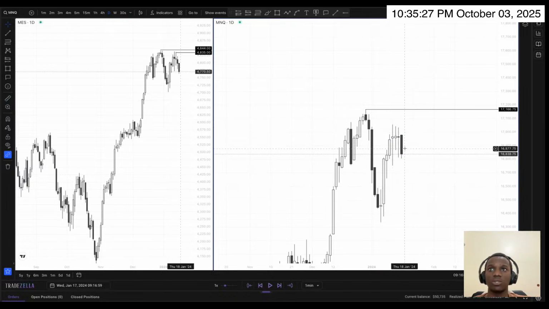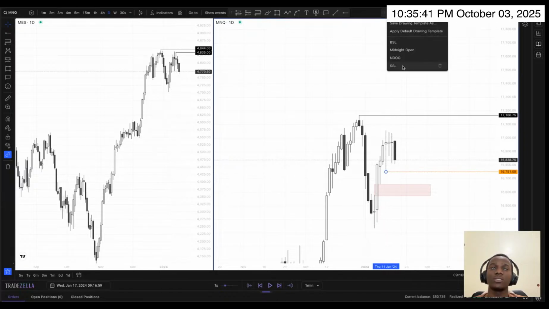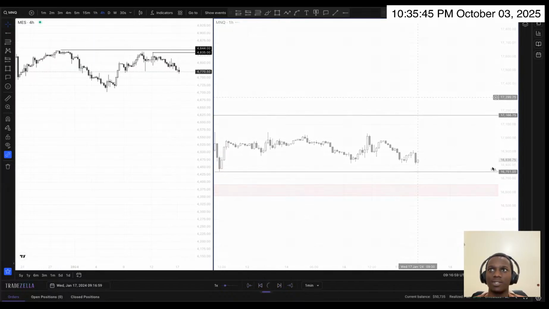So we could go to probably this gap here that's in discount, and daily we could target those lows. So I'll still say I'll go down the 1 hour. Let's pass by the 4 hour and check.